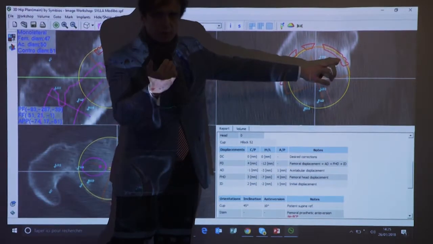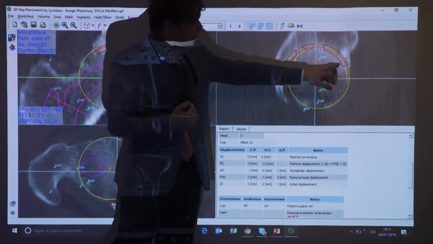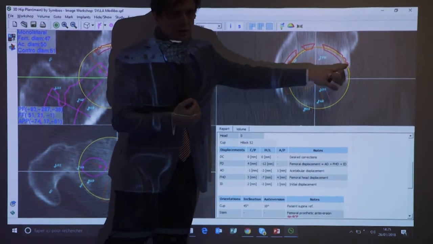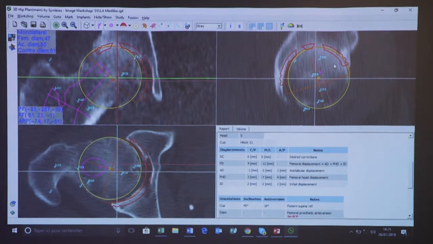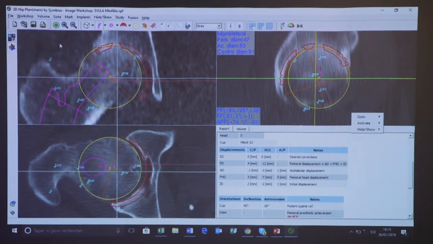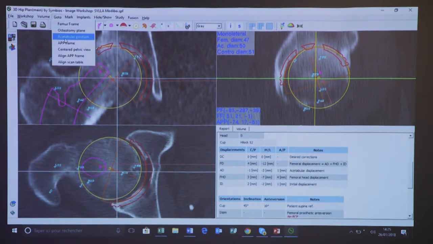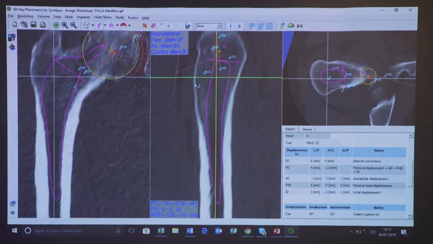Sometimes I go for a smaller cup just to be sure to avoid any kind of psoas impingement at the anterior part. This is one of the big issues in these patients.